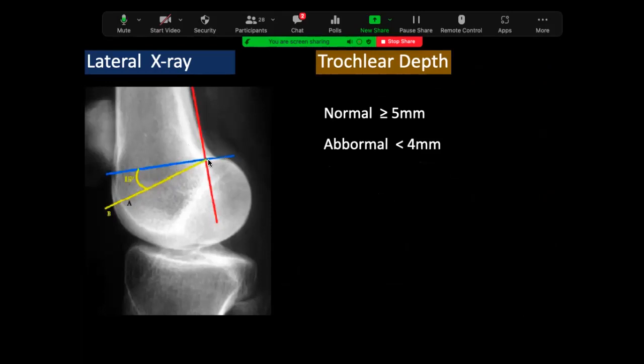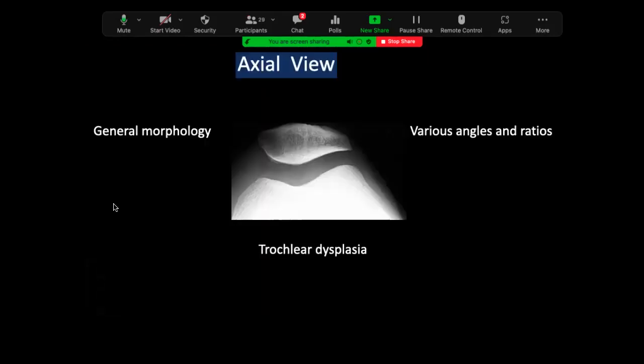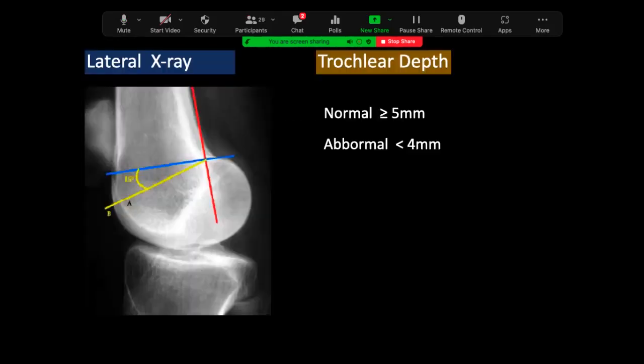This is the blue line that is drawn at the point where the metaphyseal concavity ends and epiphyseal convexity starts. From here, perpendicular to this line, and another line from here at 15 degrees to this line, and we draw this line and this point A to B here.